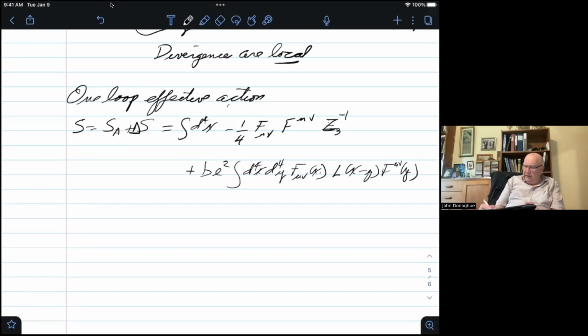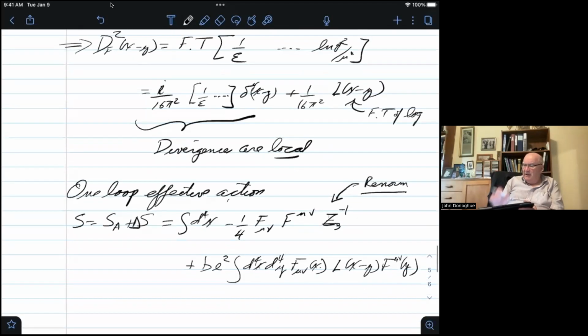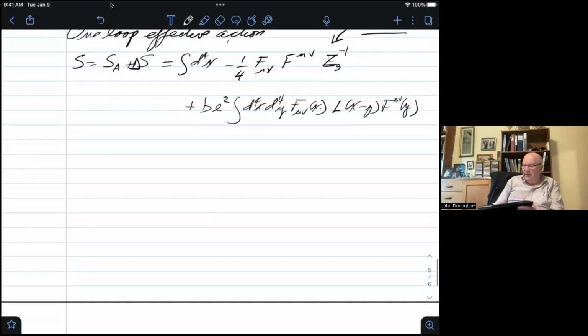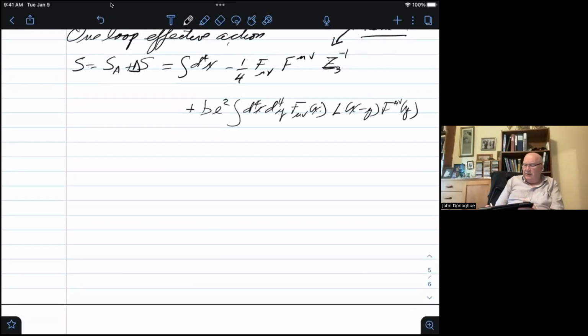Okay, so what I've done here is, by doing this loop and holding this photon field as a constant, I've renormalized. I found the renormalization constant for F by basically doing the Feynman diagrams, but I've done it with this field in the background, and I have an extra correction here.